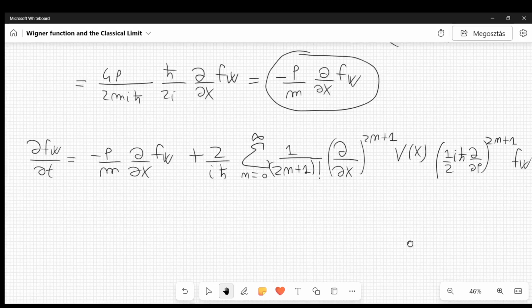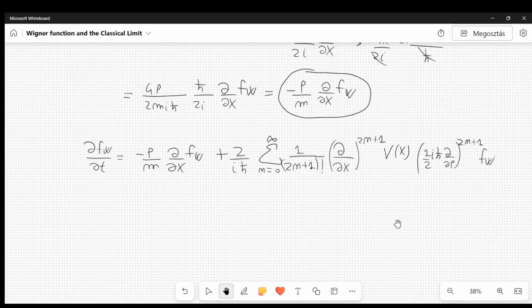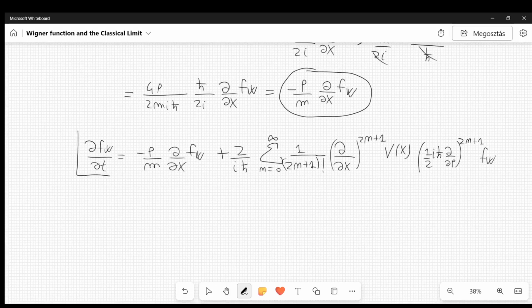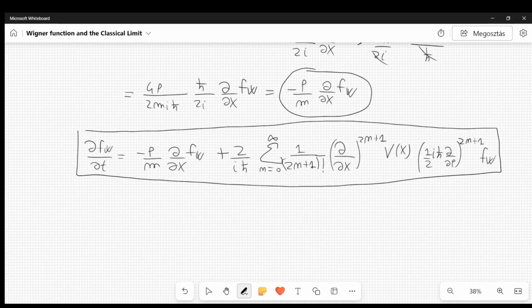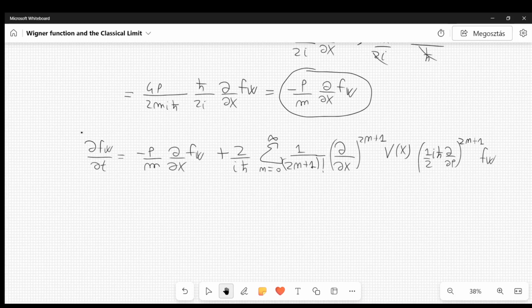We are in a very good position now. We are at a very good point, because this is actually the dynamics of the Wigner function, which is written in the general form for one particle in a potential field.